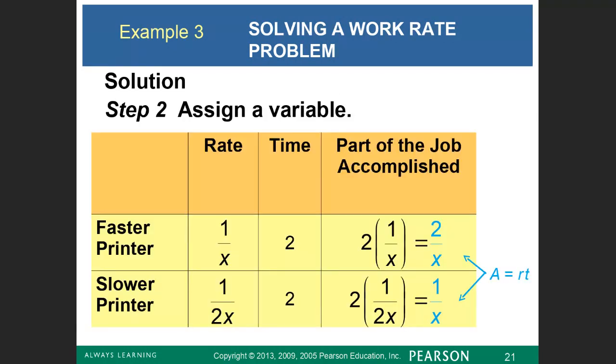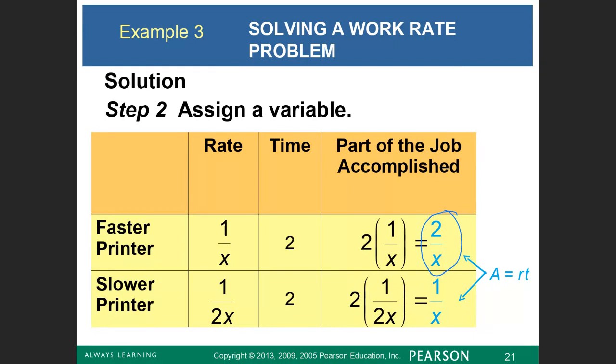Step two is actually looking at the two printers. So the other one is fast, the other one is slow. So you will get this 2 over x by having the formula rate times time.